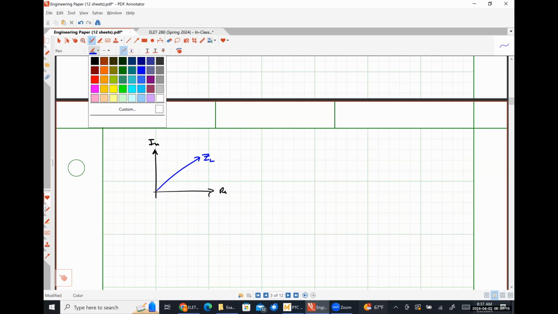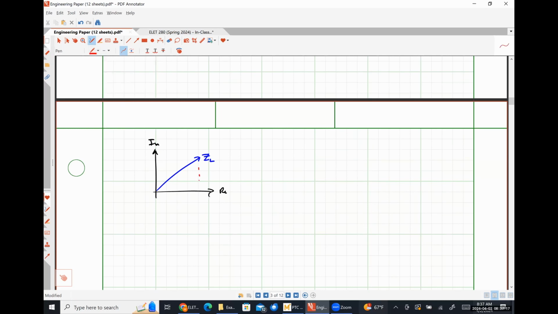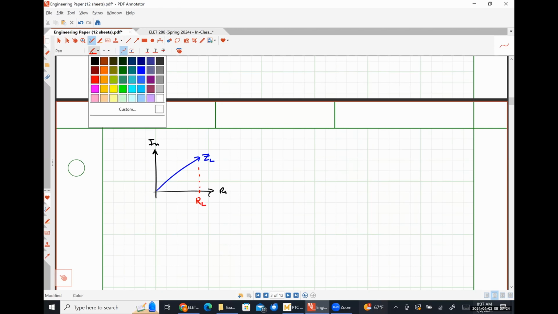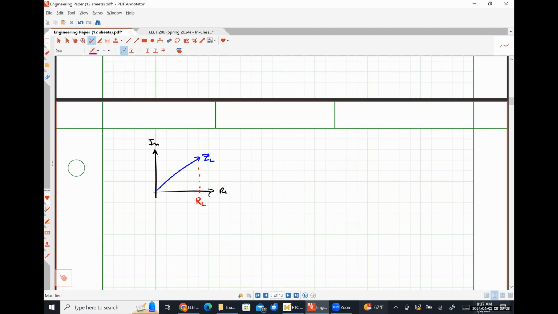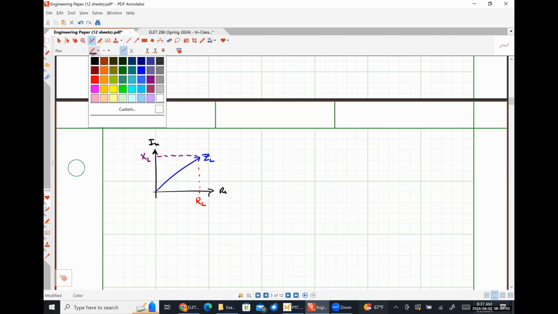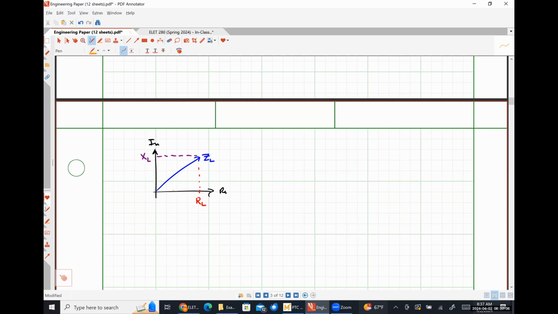It has a real part that is RL. It has an imaginary part, which is XL. And it forms an angle with the positive real axis that is going to be theta Z.